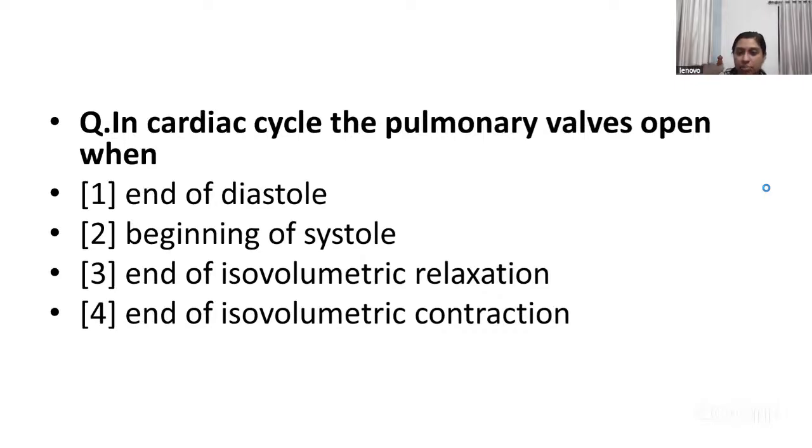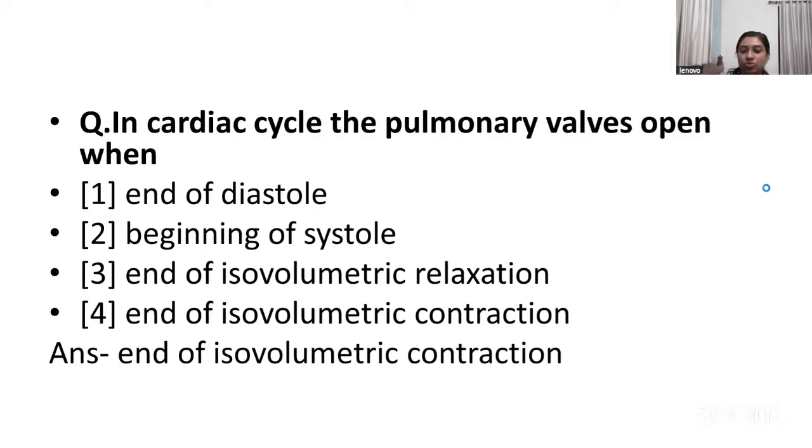In cardiac cycle, the pulmonary valves open when? The options are end of diastole, beginning of systole, end of isovolumetric relaxation, end of isovolumetric contraction. So the answer is end of isovolumetric contraction.